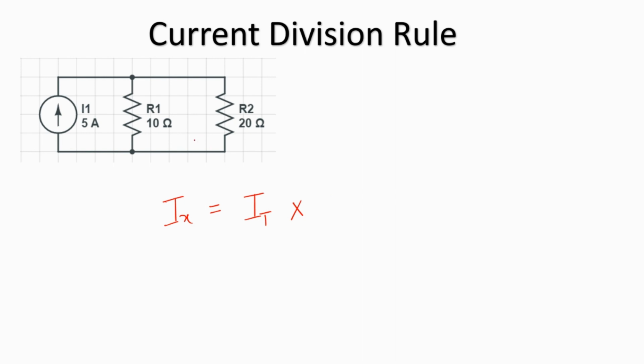What does opposite resistance mean? So suppose if I want to find the current through R1, then I need to put the opposite resistance, that is R2, at the numerator. If I want to find out I1, I need to put R2 at the numerator. So in this case, for the general one, instead of R2, I'll put it as opposite resistance divided by the sum of resistances. So this is the general formula for current division rule.